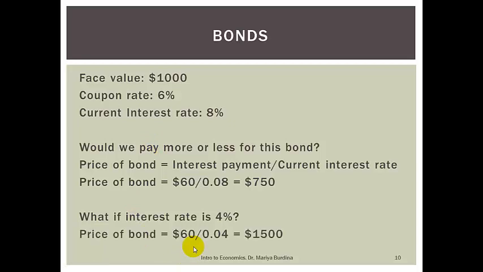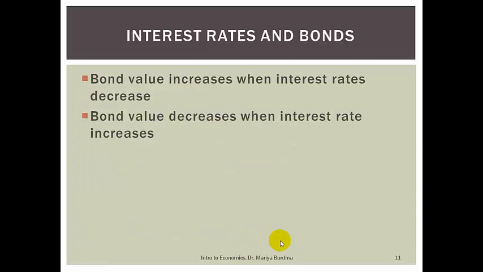You can also calculate it: the new price of the bond is going to be $1,500, that coupon payment divided by the current interest rate equals $1,500. So we can see that bond value increases when interest rates decrease, and bond value decreases when interest rates increase.